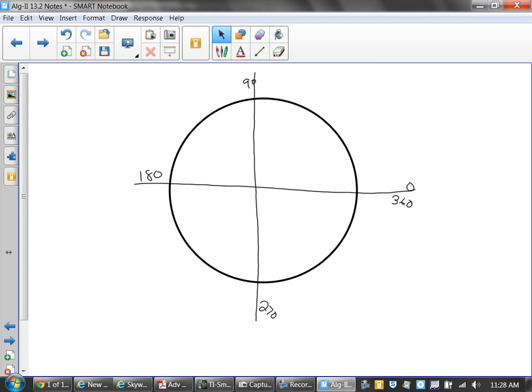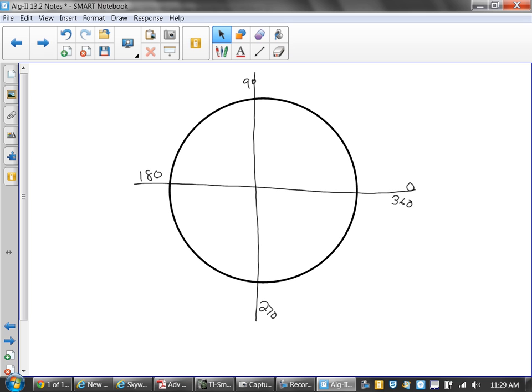Now, here's what I want you guys to think of. If I tell you that the radius of the circle is 1, what's the circumference? 2 pi. Remember, the circumference of a circle, the distance around the circle, is 2 pi r. The radius is 1, so the circumference is 2 pi.